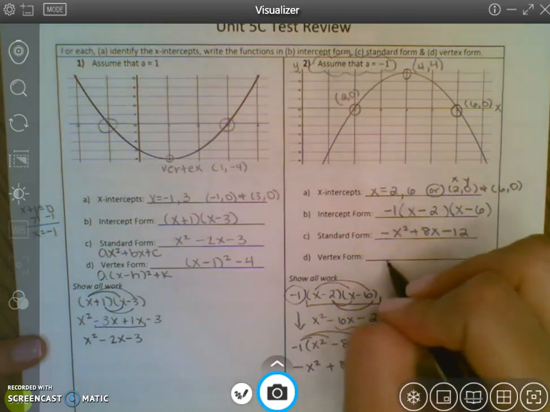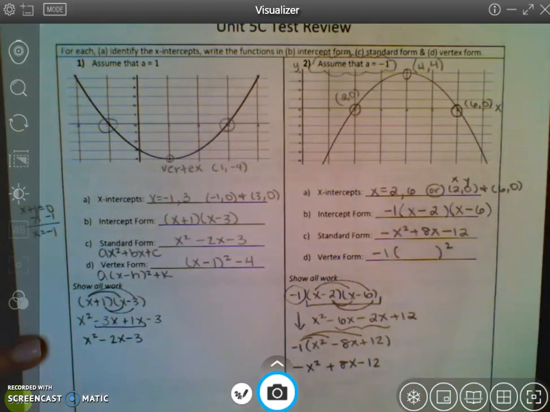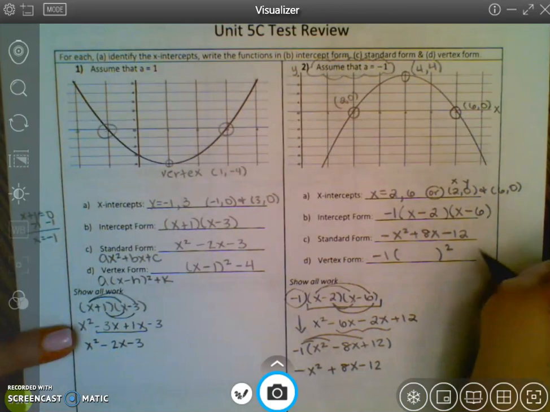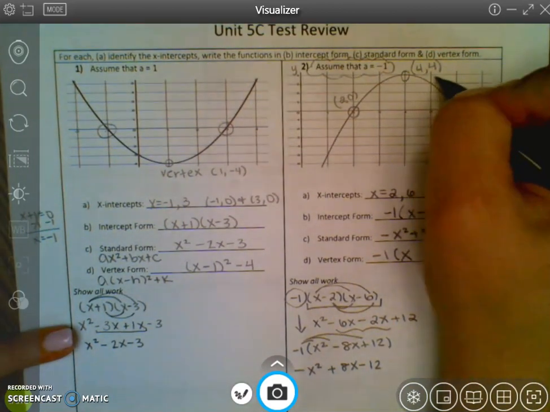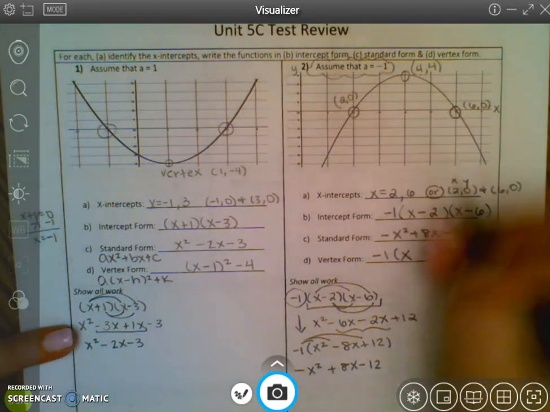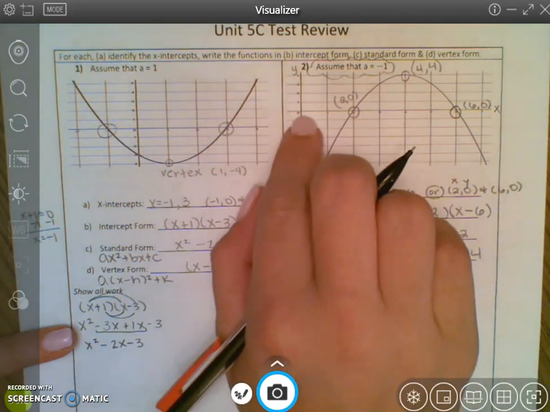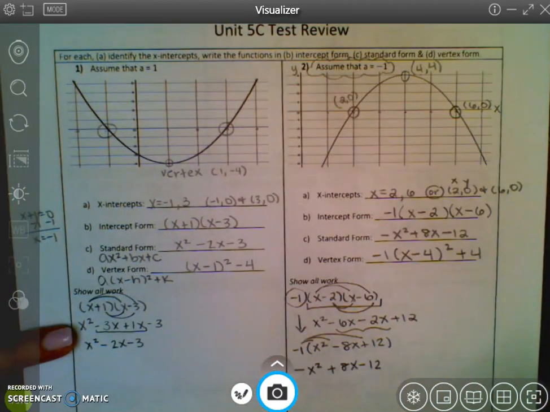So the very first thing I'm going to write is -1. I'm going to have something squared. It's opposite, keep. So remember, this is the x. X always goes inside. So out of these two values up here, this 4 on the left is the x. It's positive, so it's going to be written as -4. Keep the other 4. The y value is 4. It's +4. It means from 0, 0, I had to go up 4 and right 4.